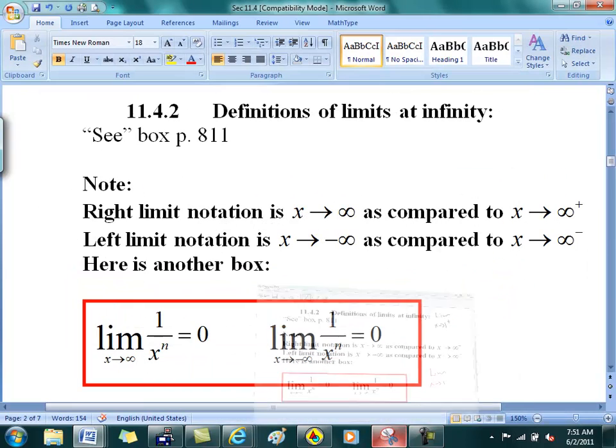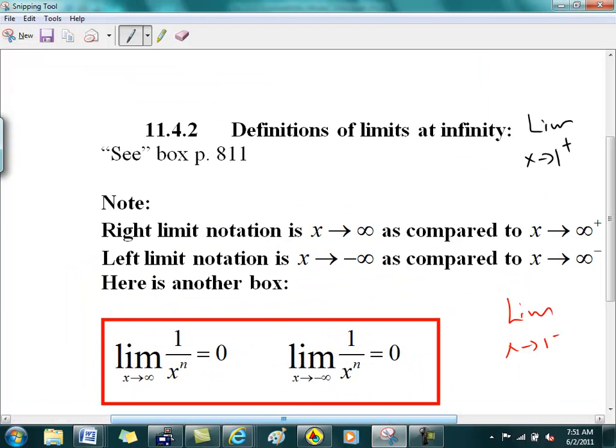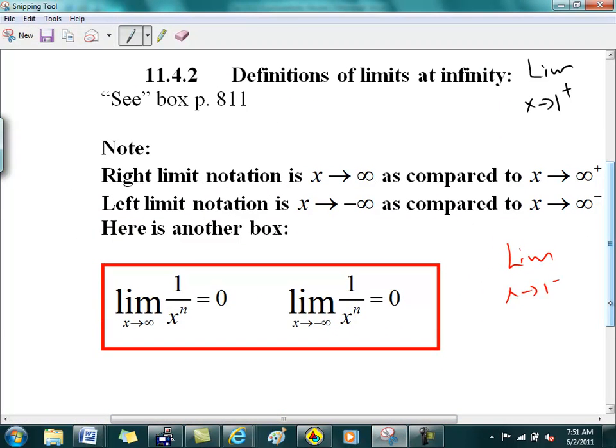No? Okay, let's write things down then. So what I'm trying to do is make a distinction between something like this and something like this. This is the left limit.